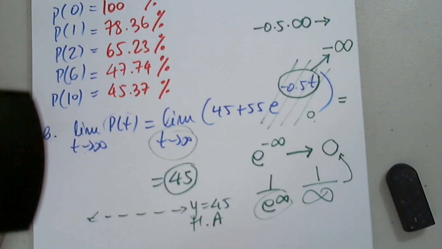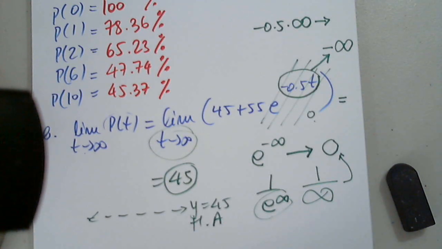Okay, where am I? Here. Now it says sketch the graph. Choose the correct graph below. Well, one option here would be to look at the fact that x is between 0 and 10, and y is between 0 and 100.